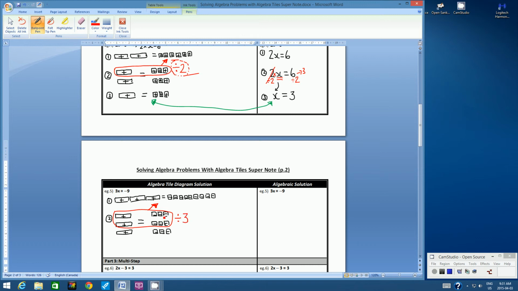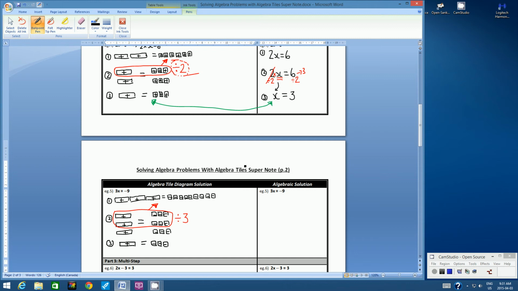Even though we're taking 2 of the groups away, we actually took this diagram and we made 3 groups. Okay, so diagram 3, we draw what remains. What remains is a single positive x equals 3 negative tiles. Okay?